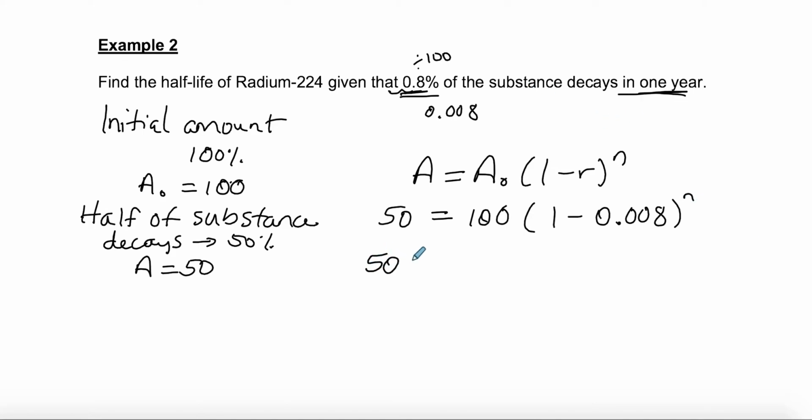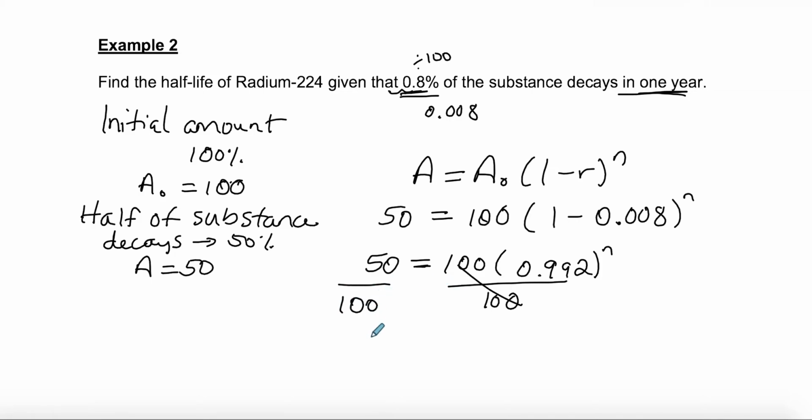If I simplify this a little bit, I could maybe look inside my brackets first. 1 minus 0.008 is 0.992 to the exponent n. I could also divide both sides by 100 so that I'm just trying to eventually isolate the n. So I have 0.5 equals 0.992 to the exponent n.